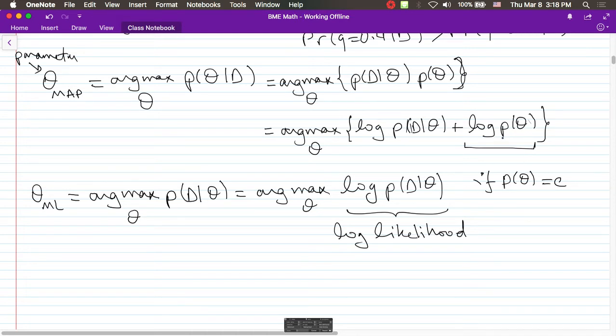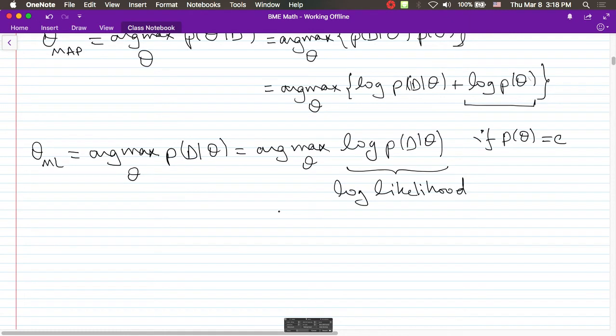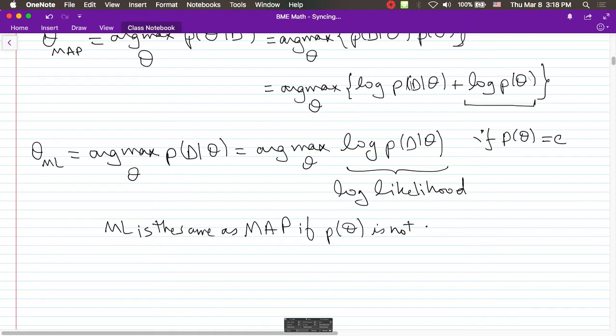If, on the other hand, you have some prior belief that says this probability actually depends on theta, the parameter that you're trying to estimate, then you're going to color your estimation. So the basic idea being, ML is the same as MAP if the prior probability is not dependent on the parameter theta.